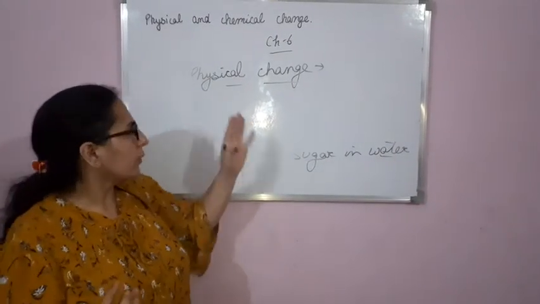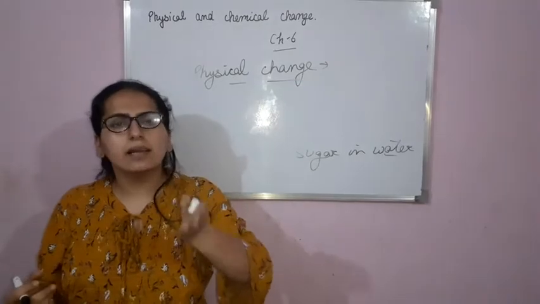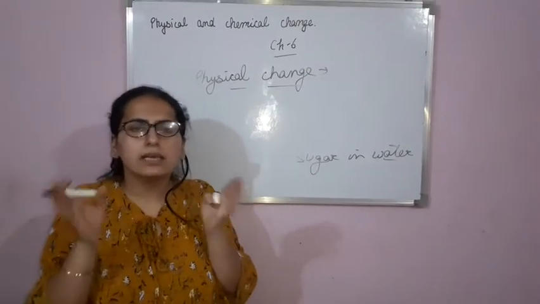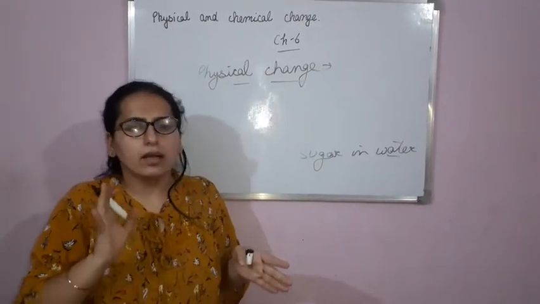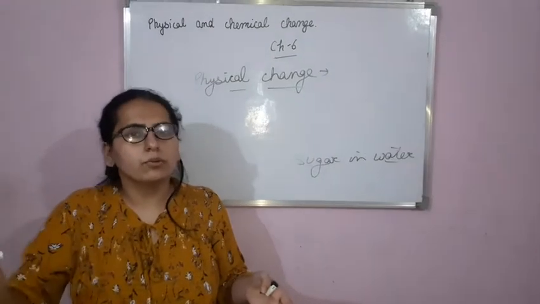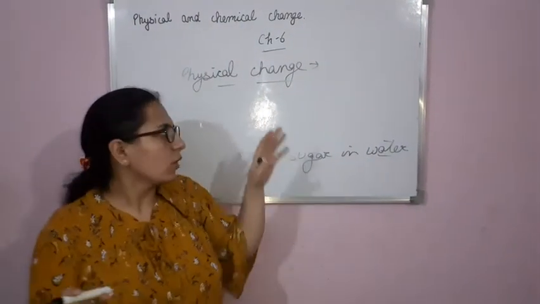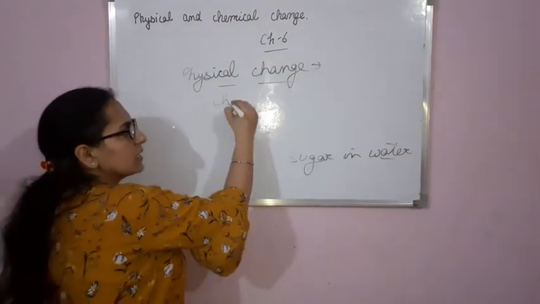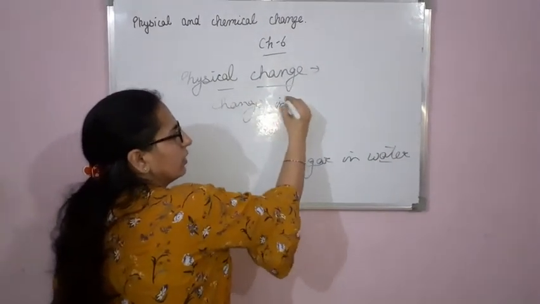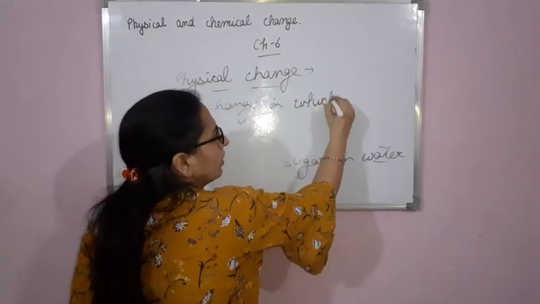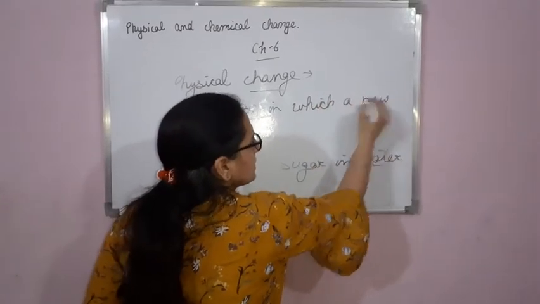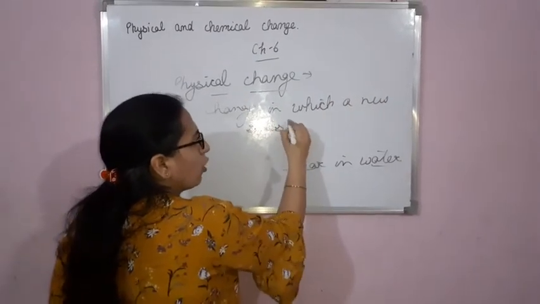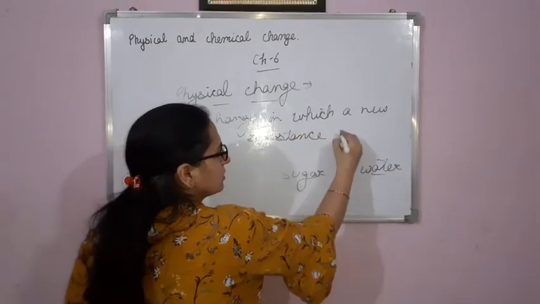Now let us talk about physical change. Firstly, I am telling you the definition. After that, I'll show you a few examples. Now, what is a physical change? A physical change is a change in which a new substance is not formed.